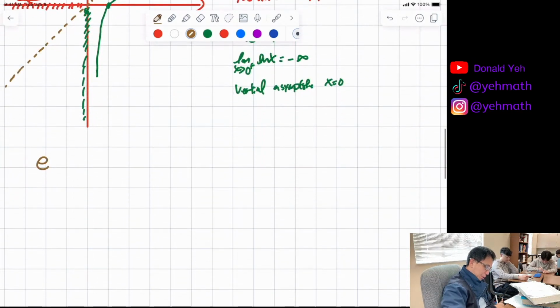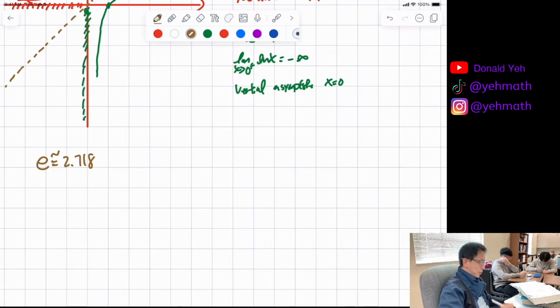What is the value of e? You cheated. Yeah, it's 2.7128. How do you find the value of e?